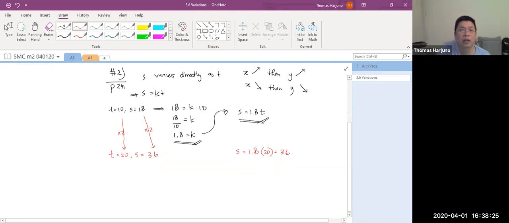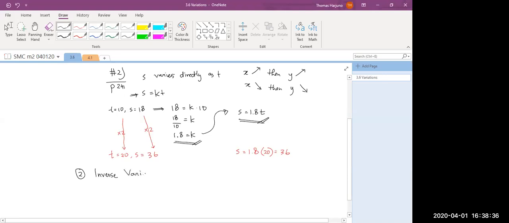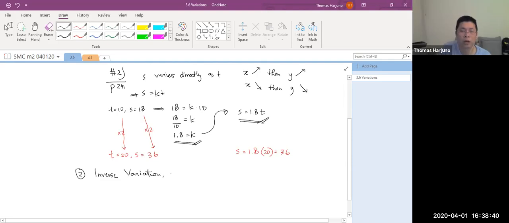The second case, inverse variation, or another phrase that we use, inversely proportional.